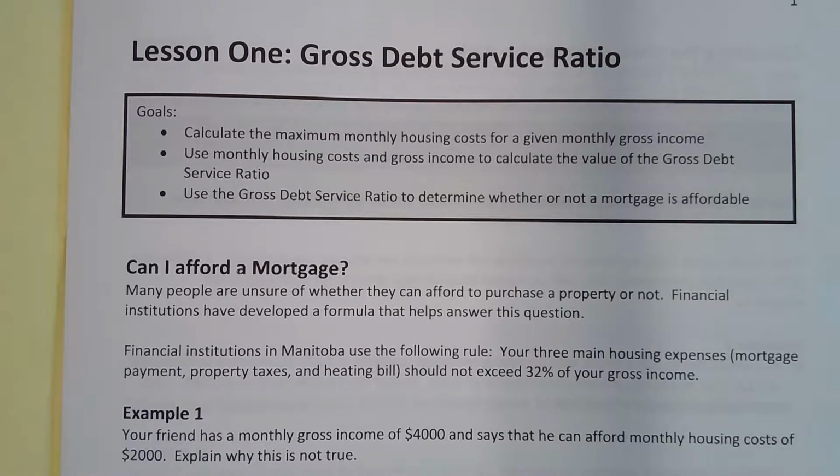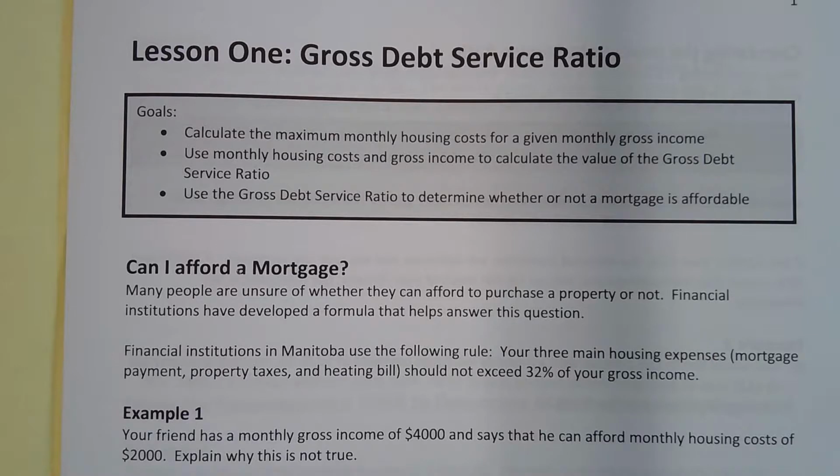Now we're live. So for this one, lesson 1 is gross debt service ratio. Our goal today is to calculate the maximum monthly housing cost for a given monthly gross income. It depends on how much we earn every month. That will give us an indication of what we can afford on mortgage payment, on heat, and on property tax.